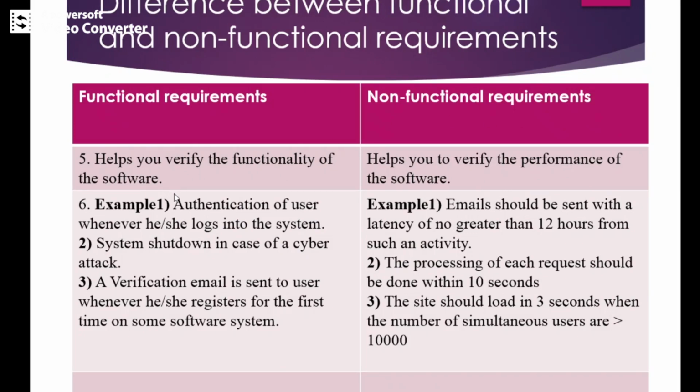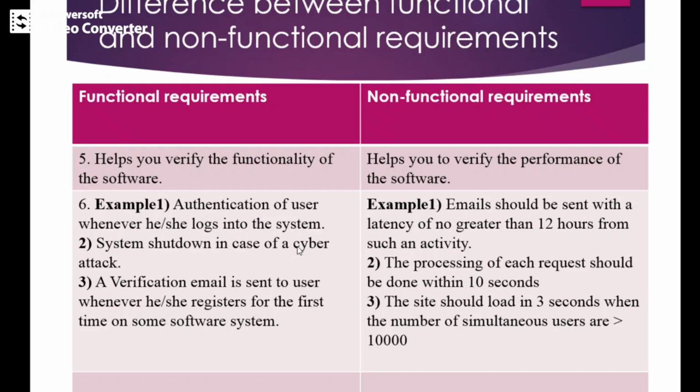The next difference is examples. Example 1: authentication of a user whenever he or she logs into the system. Whenever you log in, you put your password to authenticate whether you are a valid user or not. That is a functional requirement. Second, system shutdown in case of a cyber attack.